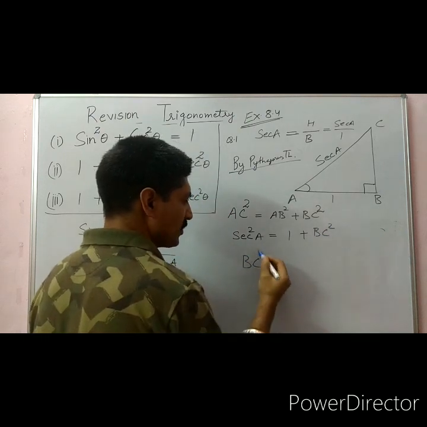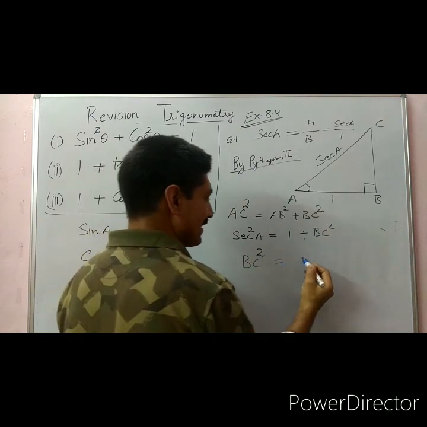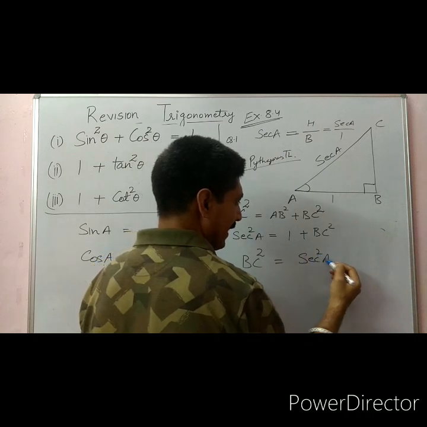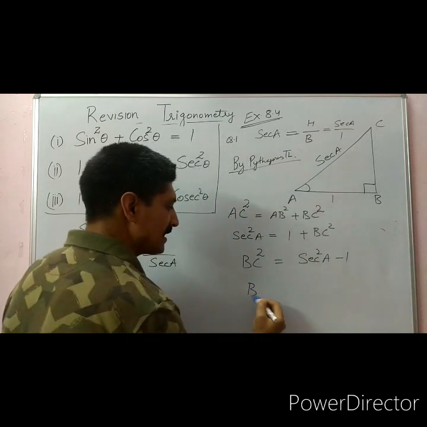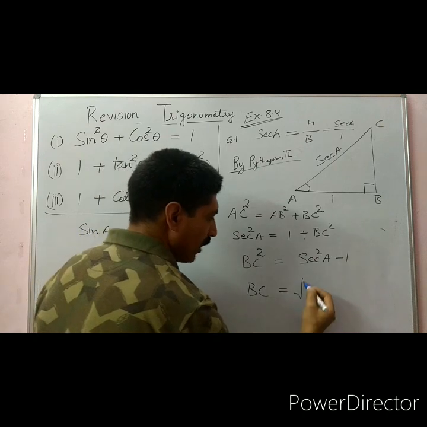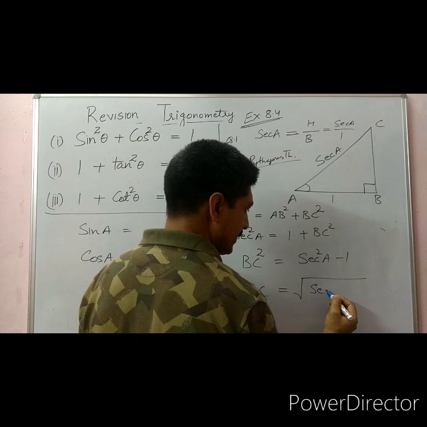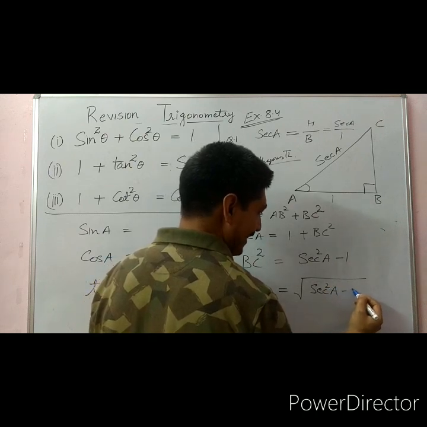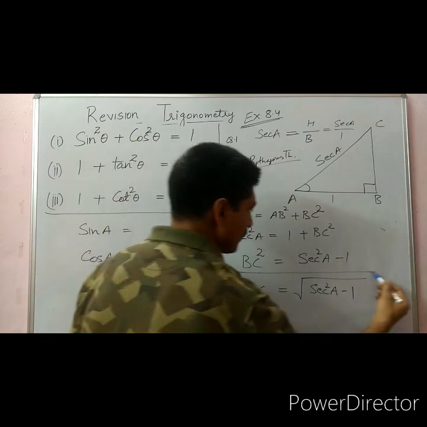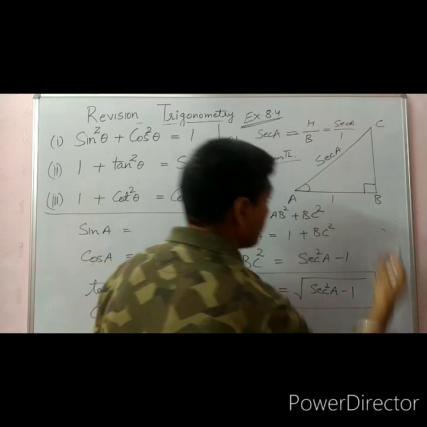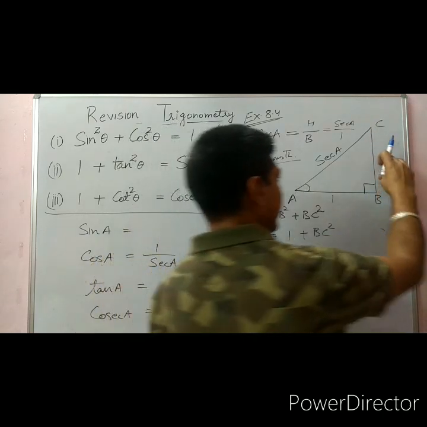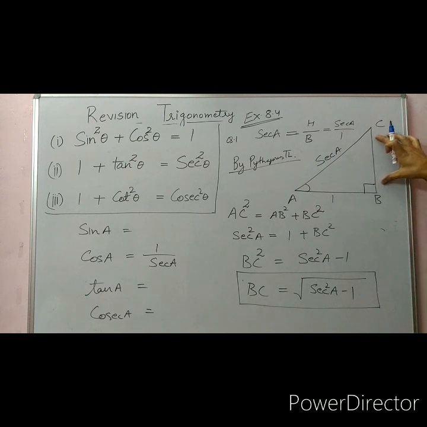So BC square is equal to secant square A minus 1, and taking the square root on both sides, BC is equal to the square root of secant square A minus 1. So we have the third side, which is BC here. I have found that the length of this side is the square root of secant square A minus 1.